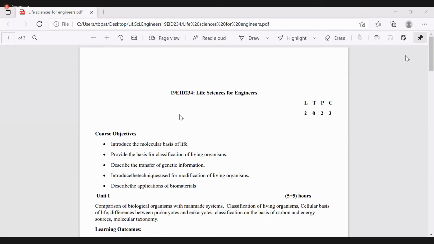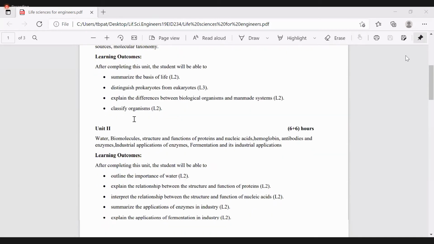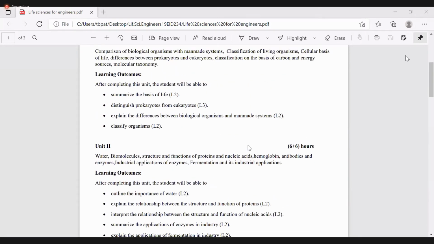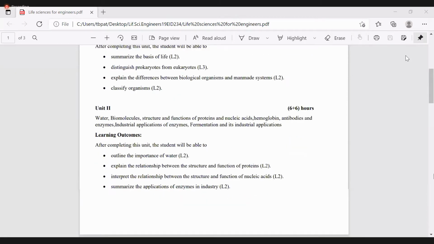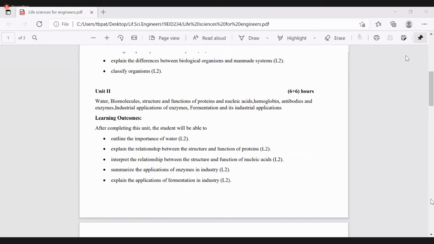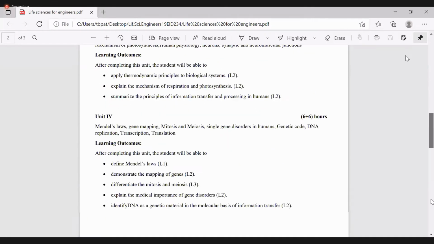There are some practicals also, some virtual. And the theory is a total of 5 units. The practicals are virtual and field experiments.